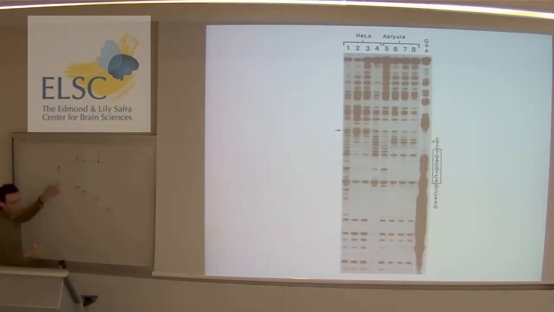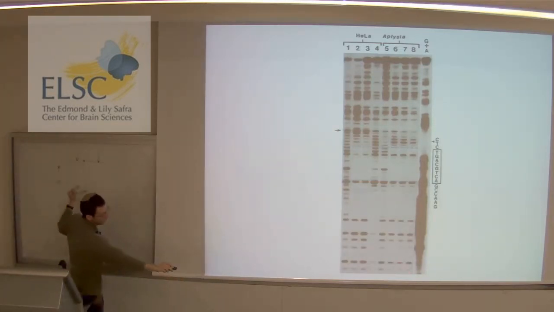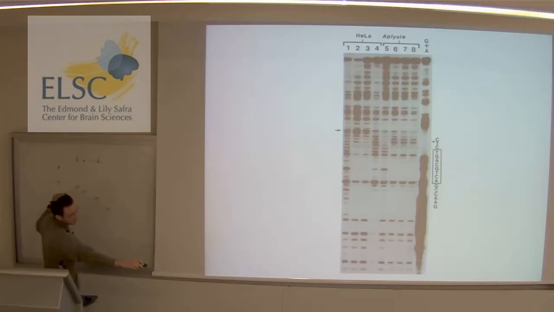This product, which is the shortest, would be found down here in the gel. So that might be this product, right here. And the longer one will be found right above it. And following, the molecule that has not been cleaved at all would be found right here in the first band.